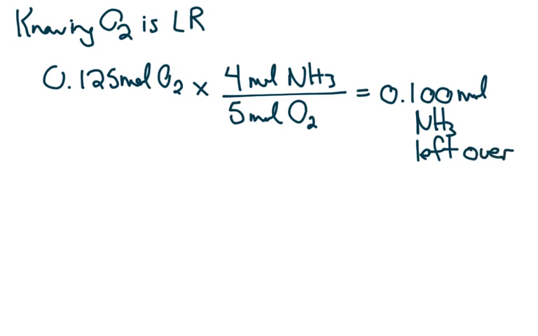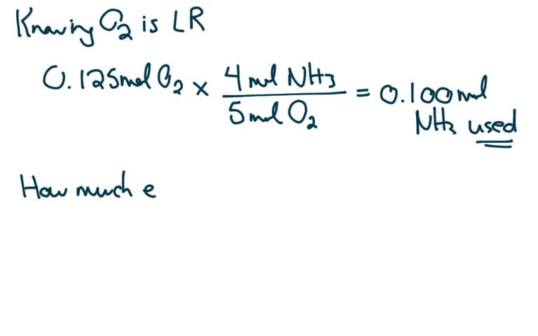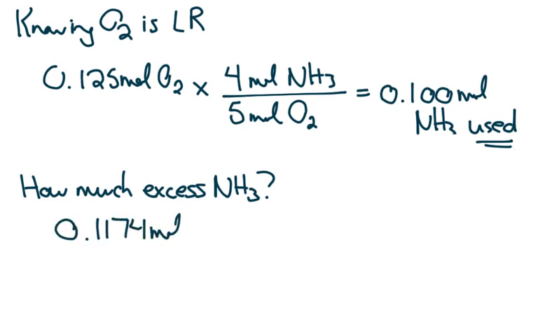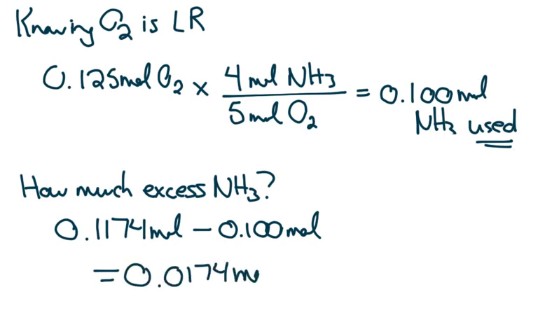Sorry, not left over, excuse me. That's how many moles of NH3 get used. So then the real question is, how much excess NH3 do we have? Well, we had in total 0.1174 moles of it. We used up, we'll subtract off 0.100 moles, and so we have 0.0174 moles of ammonia as excess.